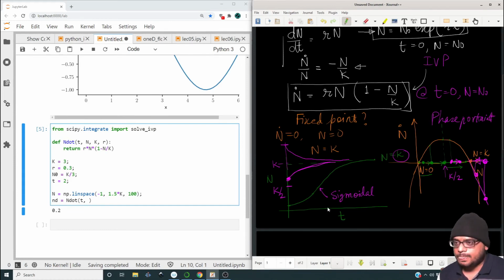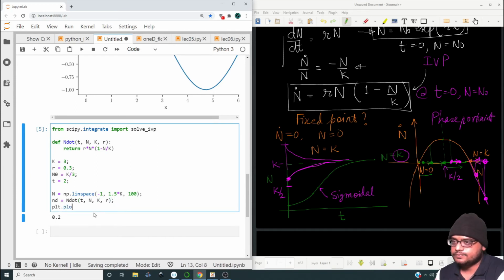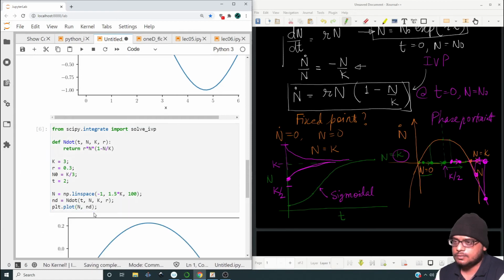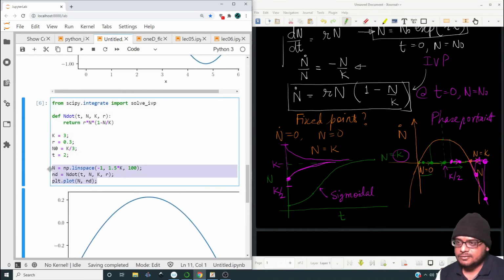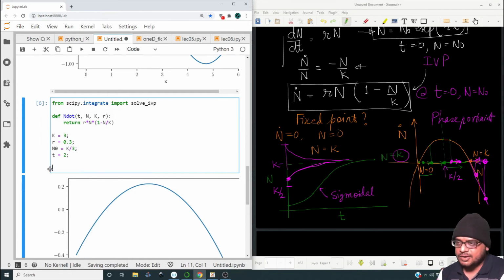Alright, so we'll pass time, we'll pass n, we'll pass k and r, and let us then plot. Okay, so we do have that curve that we're looking for, and of course this is the x-axis. Once we are convinced, we can move ahead and solve this.